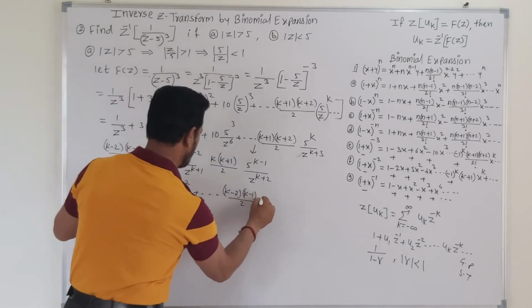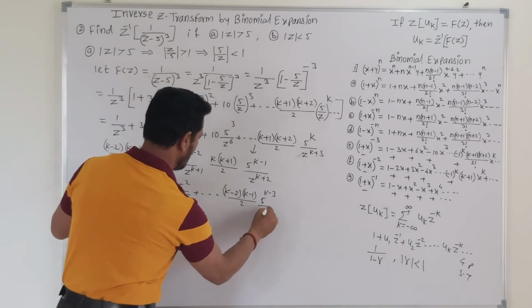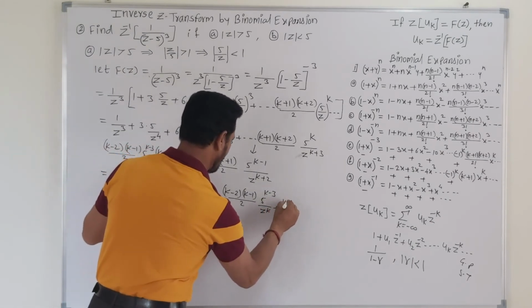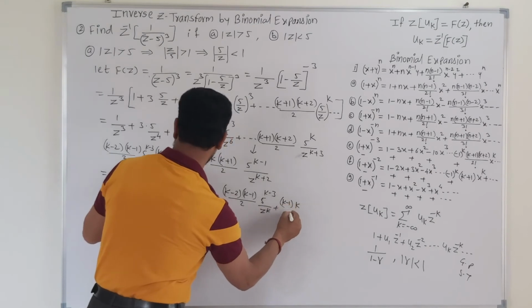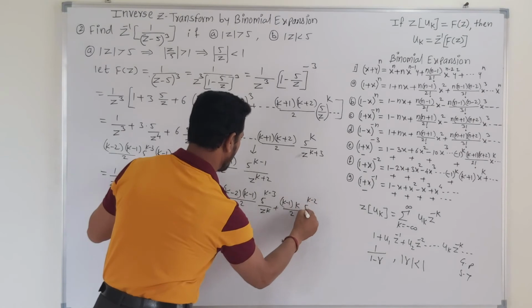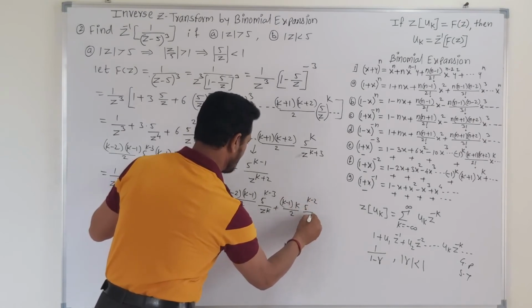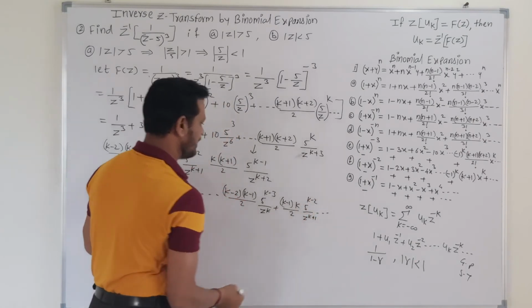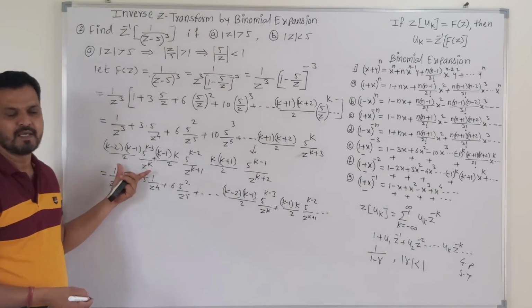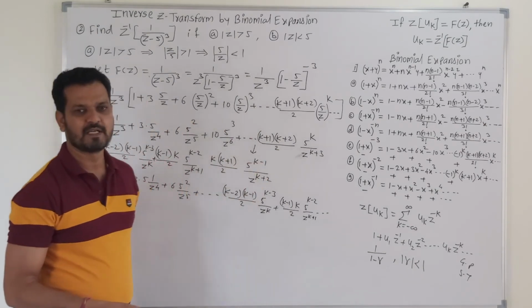Then we get 5 raised to k minus 3 upon z raised to k, plus the next term is k minus 1, then k upon 2, then 5 raised to k minus 2 upon z raised to k plus 1 and so on. That means our interest is to get the value of z raised to k, so to get the coefficient of z raised to minus k.